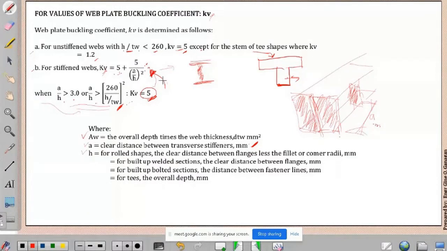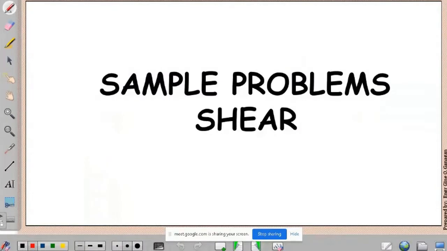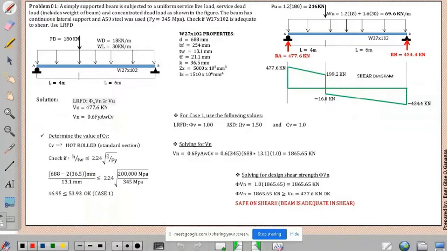So far, any questions for the shear equation? None. Okay, so let's move on to our sample problems.